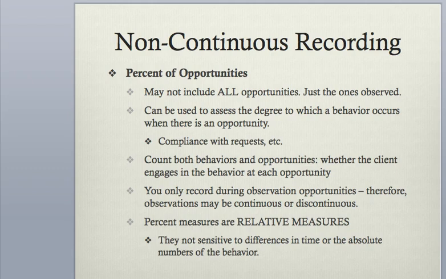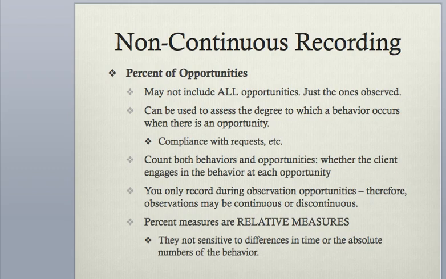You only record during the times that you're actually observing the opportunities being made. So you have to be very clear that the observation can be continuous. You can watch for the entire 15 minutes, for example, or maybe you observe for 10 minutes in the morning and then 10 minutes in the afternoon. And you may not be counting opportunities that occur in the middle of the day that you don't see. You just count the ones that you actually observe.